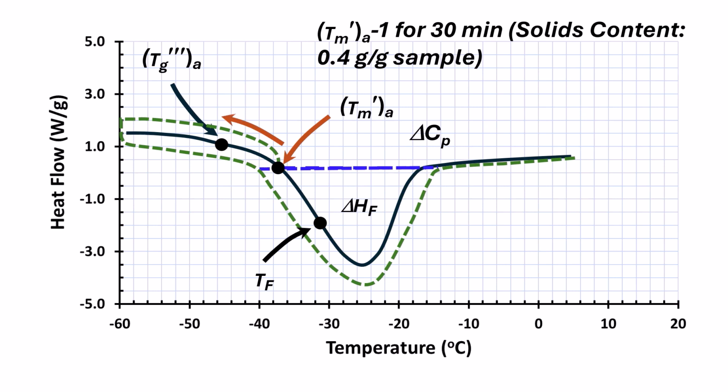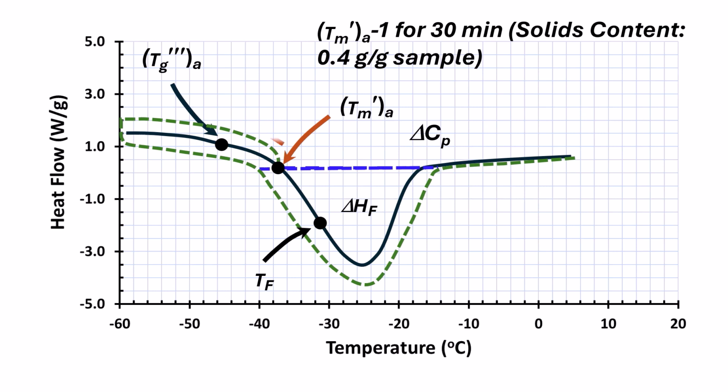Second, perform the DSC run with annealing at apparent Tm' for 30 minutes and determine the annealed maximal freeze concentration condition, that is annealed Tm' and annealed Tg'.